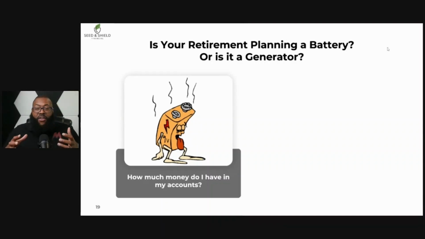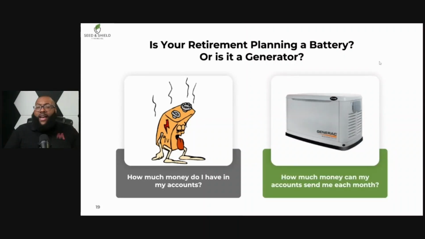When you have traditional retirement accounts, it's focused more on how much money do I need in my accounts, and it runs more like a battery. Whereas when you have an IUL, it's more like a generator, because it focuses on how much money my account can send me every month, right? So on the front end, the battery gets to a point where it gets full and then it just drains over time.